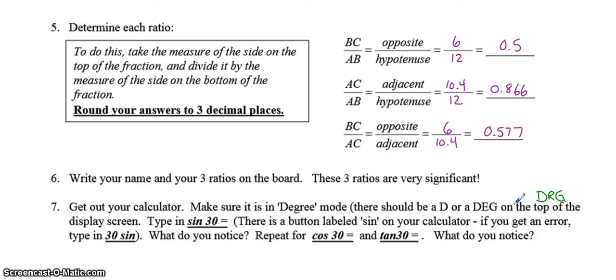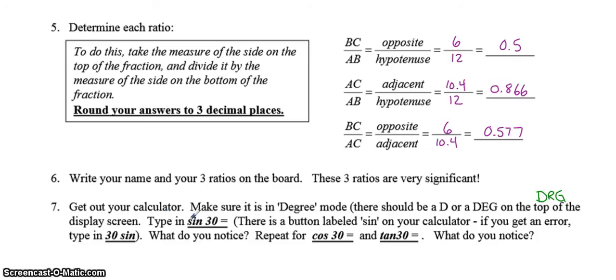Sometimes it's hidden, sometimes it might be in the setup part or the mode part of your calculator, but find where it says DRG and press that button until you get to a D. If you still can't find it and your calculator does not have a D at the top of the screen, then you'll have to ask your teacher tomorrow in class.